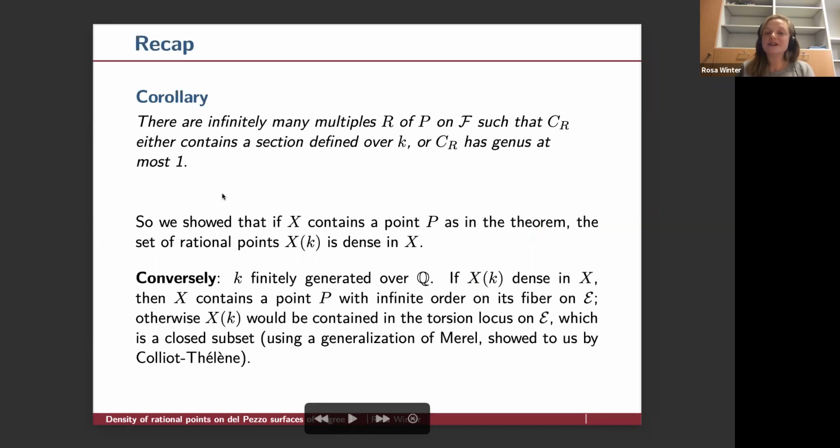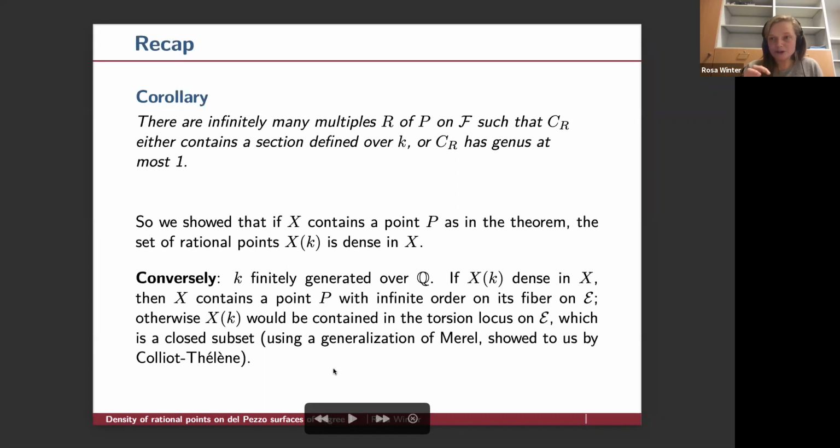Okay, so we showed that if X contains a point as in the theorem, the set of rational points of X(K) is dense. And that is, of course, the main part of our theorem. And conversely, if K is finitely generated over Q, and if the set X(K) is dense in X, then X has to contain a point with infinite order on the fiber.